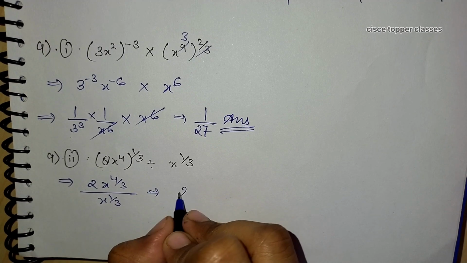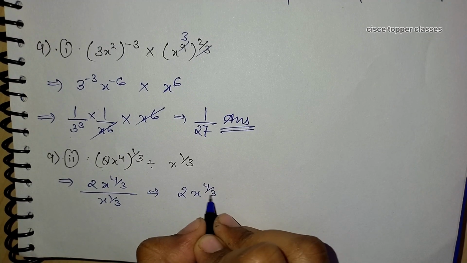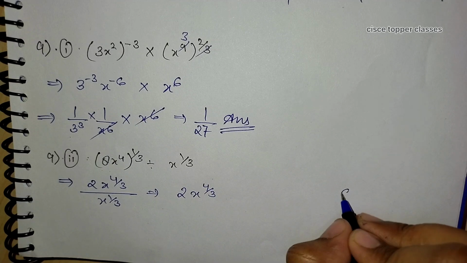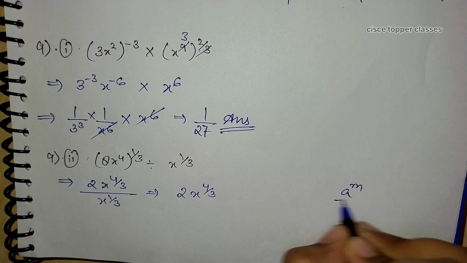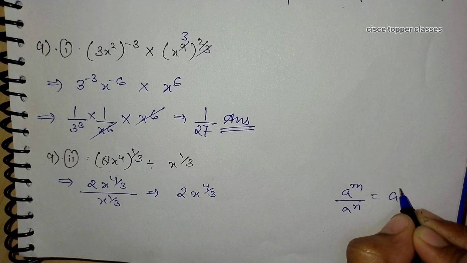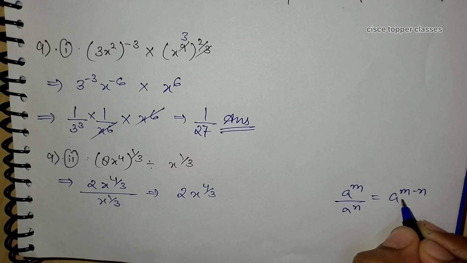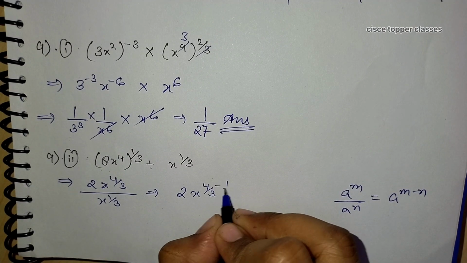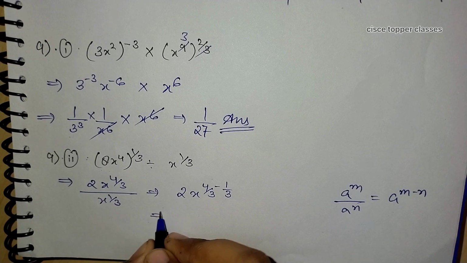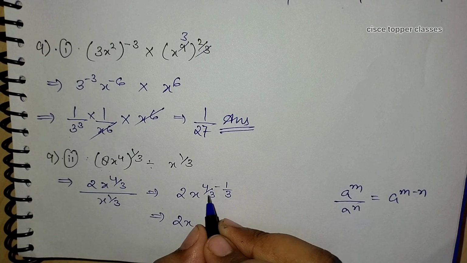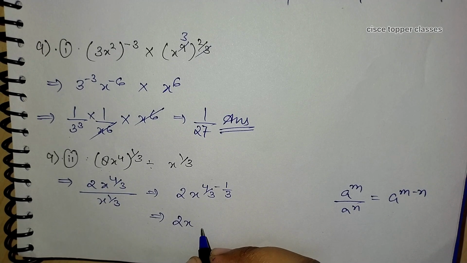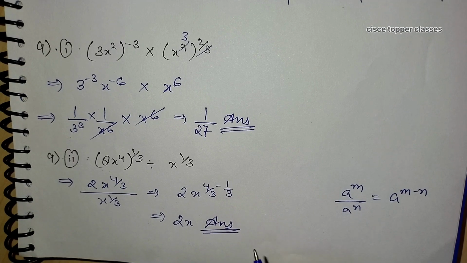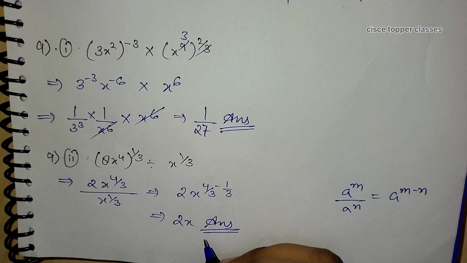So here we can write it as 2x^(4/3) by using the formula of a^m and a^n as a^(m−n). So it will be 4 by 3 minus 1 by 3, which will be equal to 2x^(3/3), and here it is 1. So this is the final answer here in the 9th part.